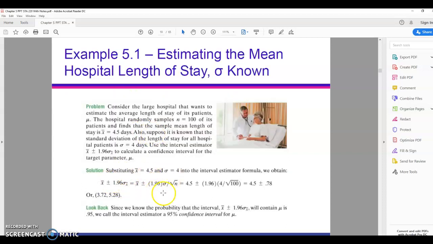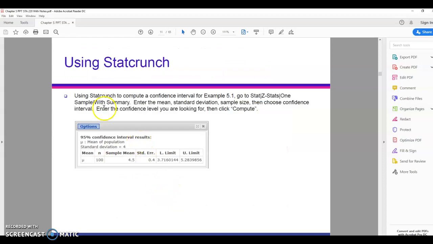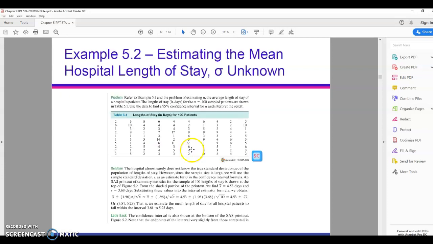Here is the problem worked out by hand, and then here's the Statcrunch steps for how you would go into Statcrunch, stat, z-stat, one sample with summary, enter the information from the question, choose compute, and you get one of these printouts or windows that basically gives you the confidence interval for the lower limit and the upper limit. And so here again, another question.